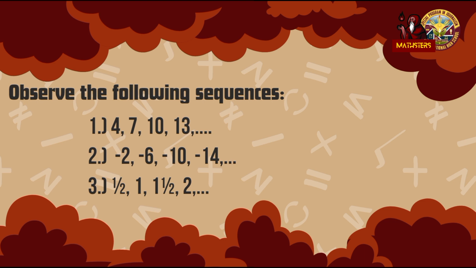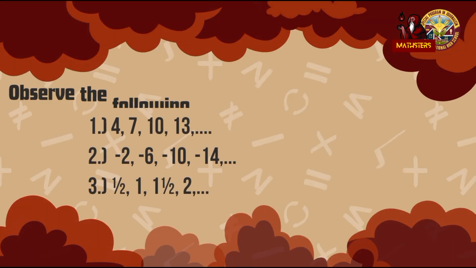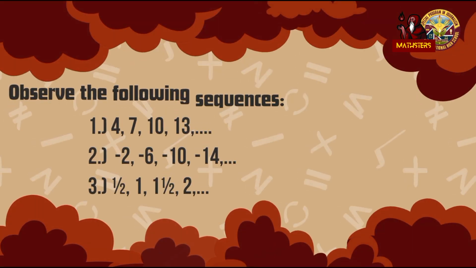Now, moving on to number 2. Negative 2, negative 6, negative 10, negative 14. This sequence begins with negative 2. To determine the next number, subtract 4 from the previous one. So, negative 2 plus negative 4 equals negative 6.